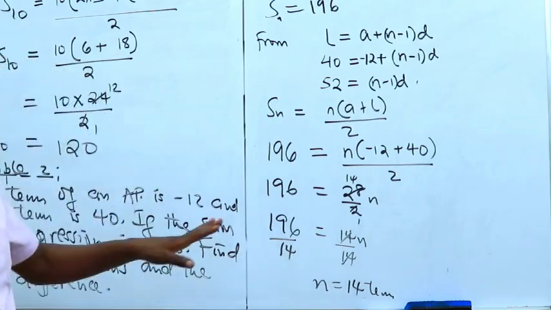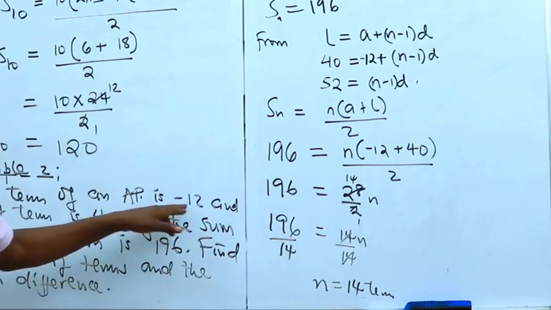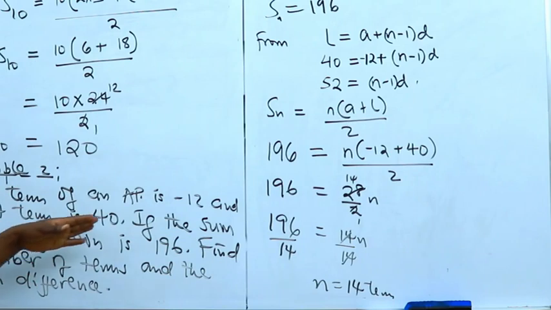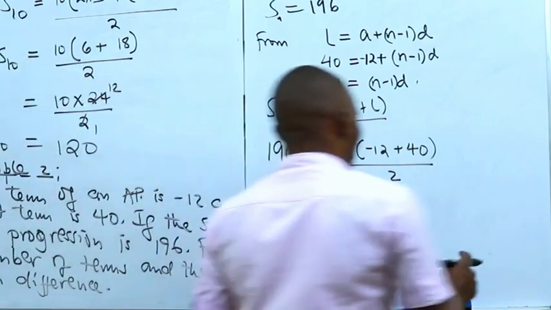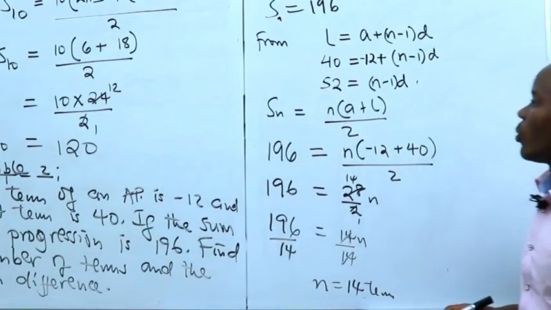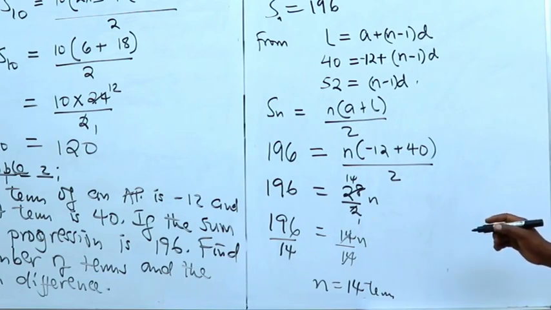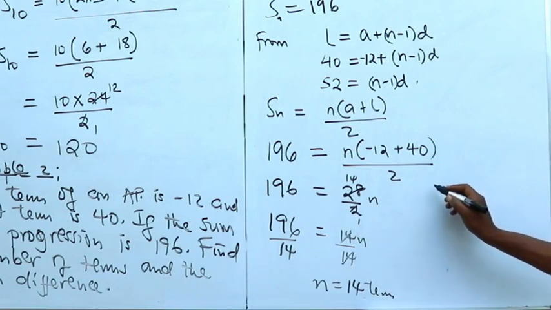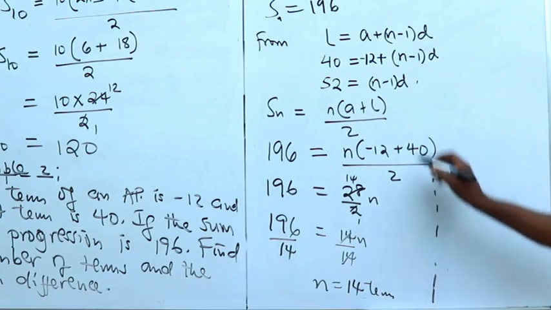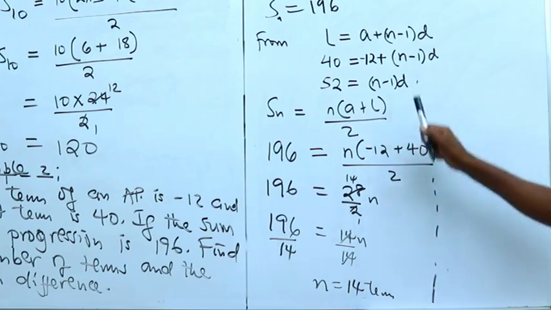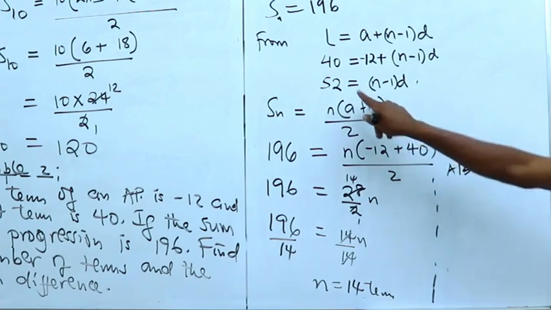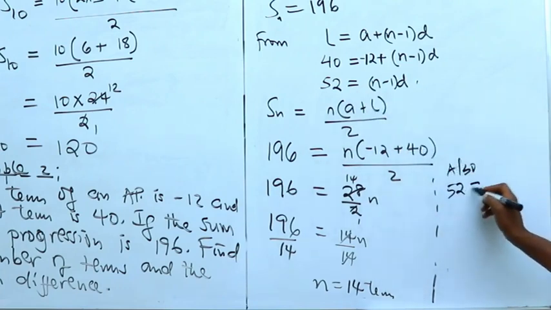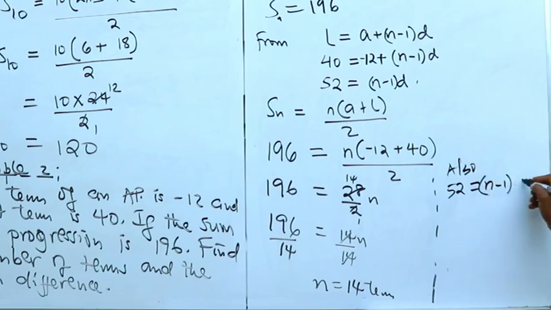So the progression whose first term is negative 12, with the last term 40 and the sum of all those terms being 196, has 14 terms. From there we can calculate the common difference. We started with 52 is equal to (n − 1) into d.